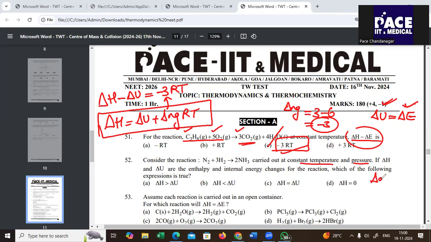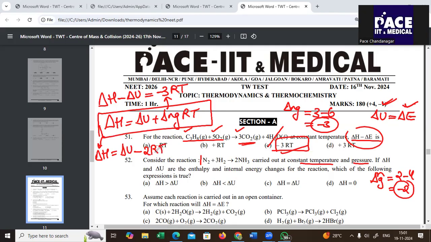In this equation, delta NG is 2 minus 4: products minus the left side moles. The right side has 2 moles, and the left side has 1 mole plus 3 moles, a total of 4 moles. So delta NG is -2, and I can rewrite this equation as delta H is equal to delta U plus (-2) RT.